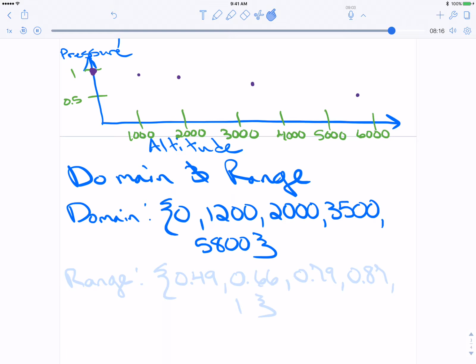For the range, we do the same thing, but for the y values. Again, I have to put them in increasing order. So notice that our values for the pressure decrease, which means that I'm going to have to flip their order in this case. 0.49, 0.66, 0.79, 0.87, and finally 1.